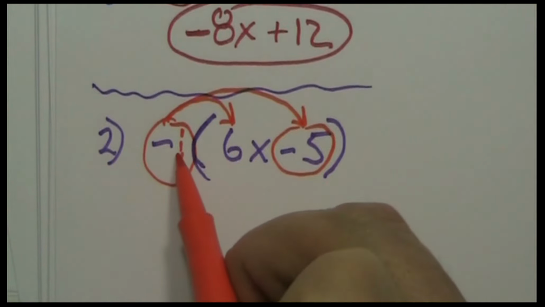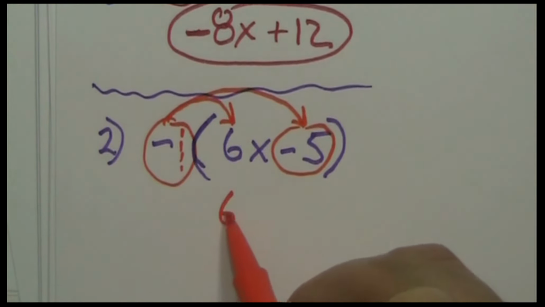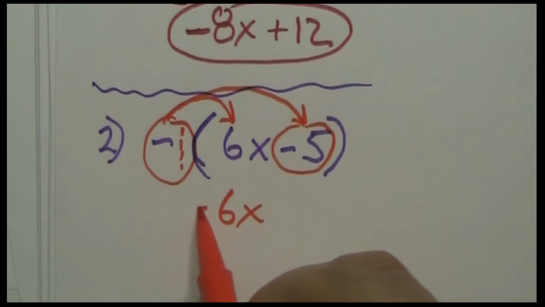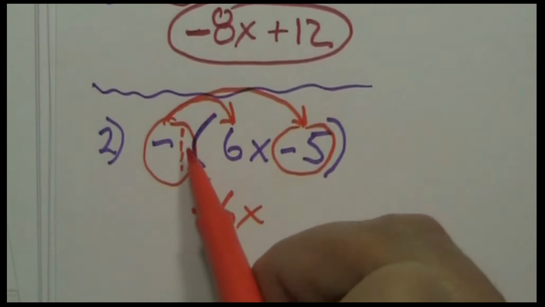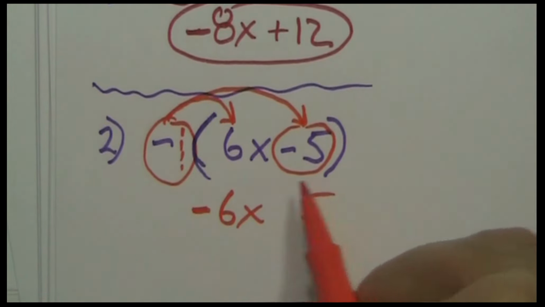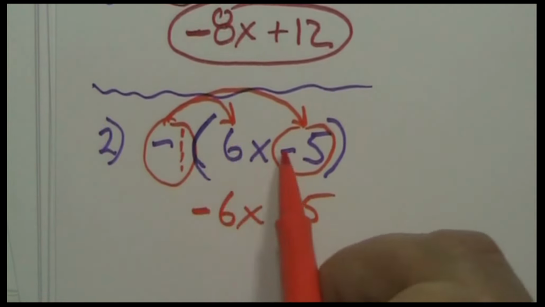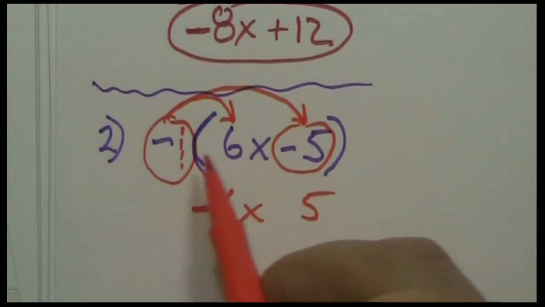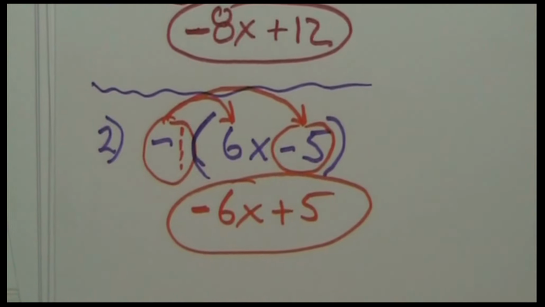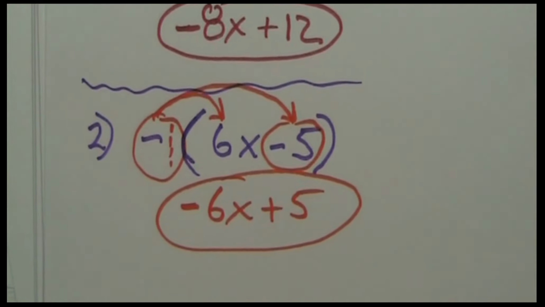So let's do that. 1 times 6 is 6, 6x, and there's one negative. 1 times 5 is 5, but there are two negatives, and when multiplying, two negatives cancel. And that is it.